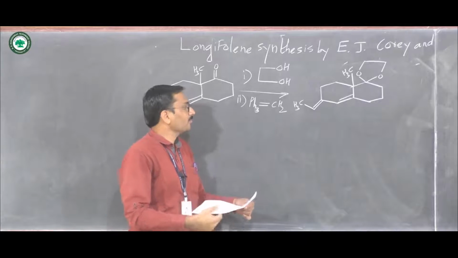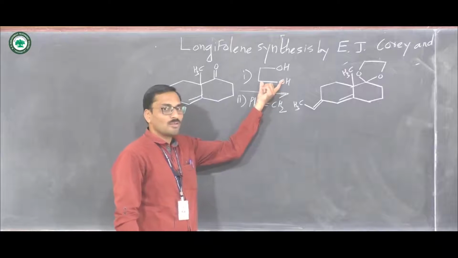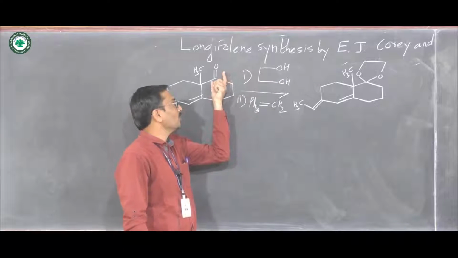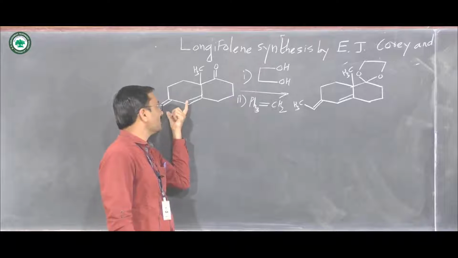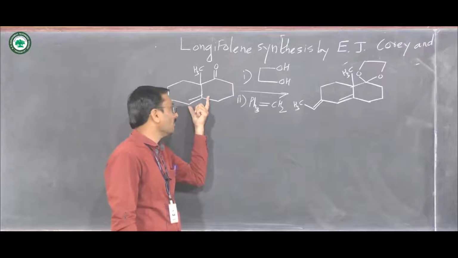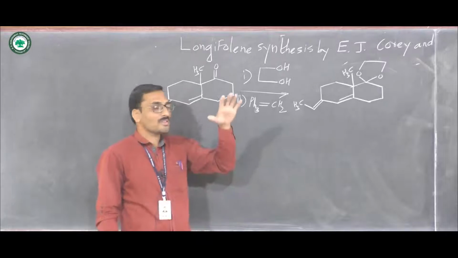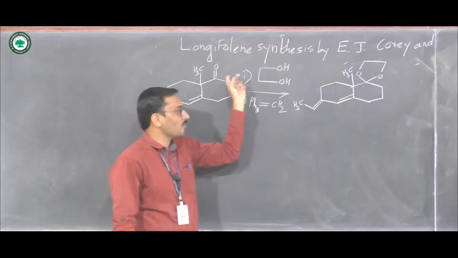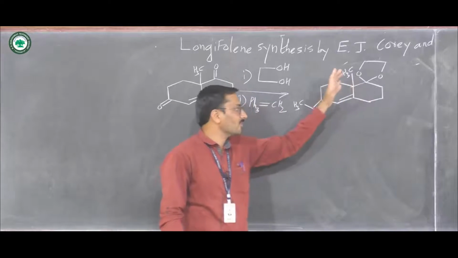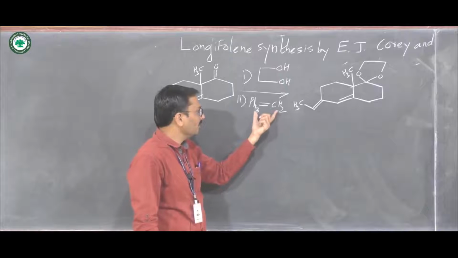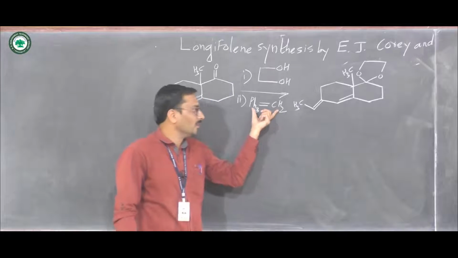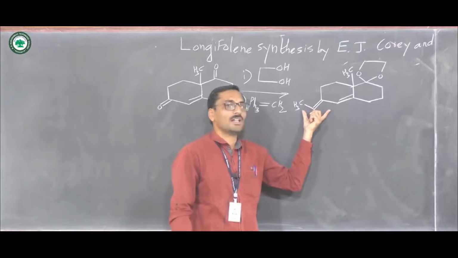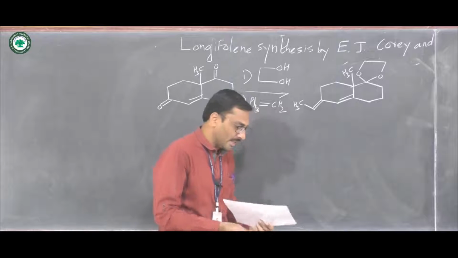In the first step, this diol molecule protects this carbonyl group. Here we have two carbonyl groups. This is one and this is second. But this second is conjugated with a double bond, so it is more stable. Therefore, selectively this diol protects this free carbonyl group. There is formation of a cyclic ketal. In the second step, this Wittig reagent reacts with this carbonyl group and there is formation of this type of alkene. So this is a simple Wittig reaction.